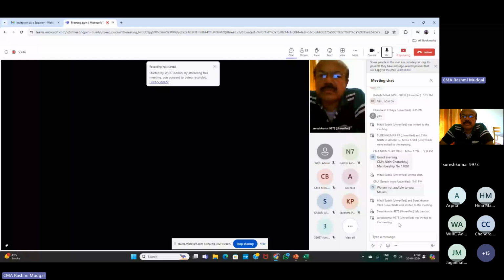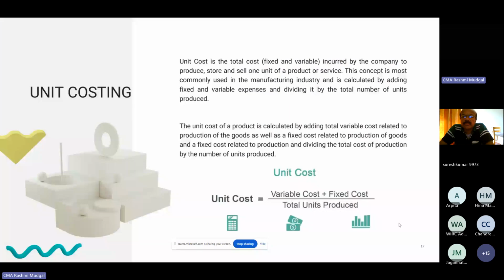Okay, let's move ahead to unit costing. Unit costing is the most widely accepted costing in companies because of its ease and many other factors. Unit costing is actually a total costing where fixed and variable costs are incurred and divided by the total units produced in the period, whatever the period is.